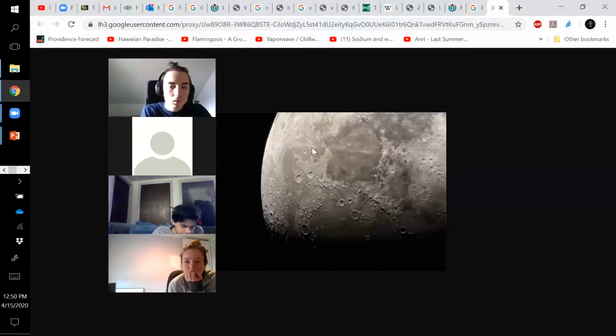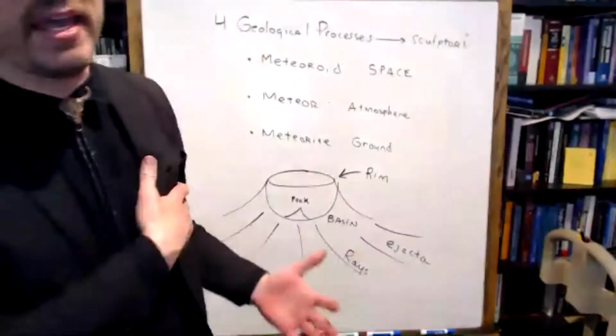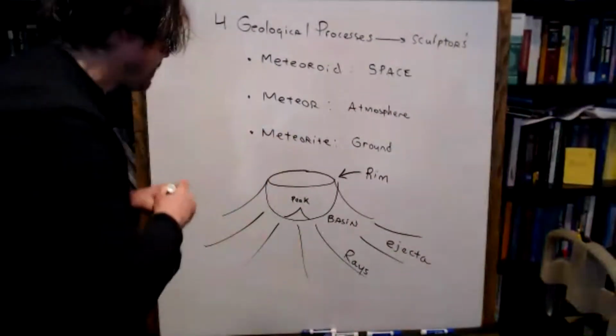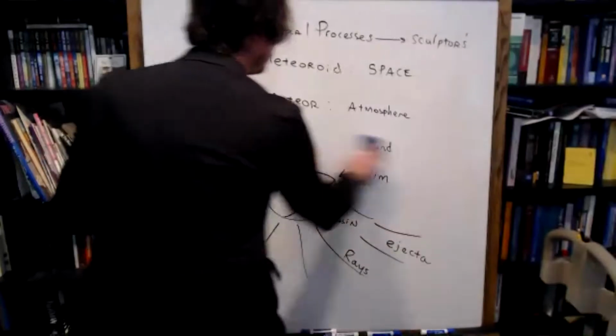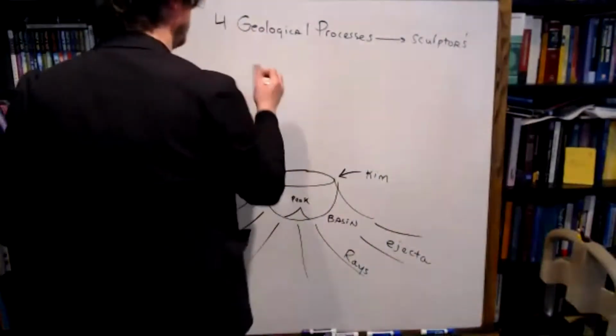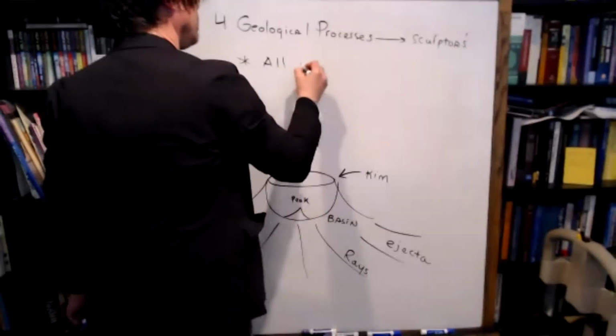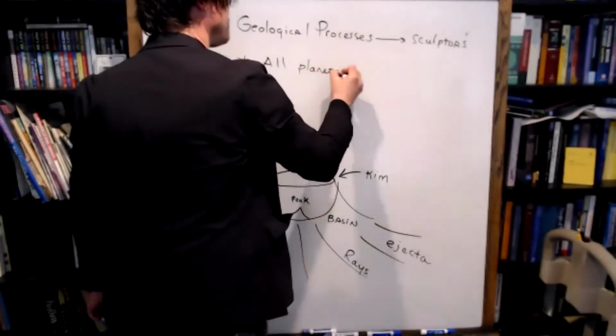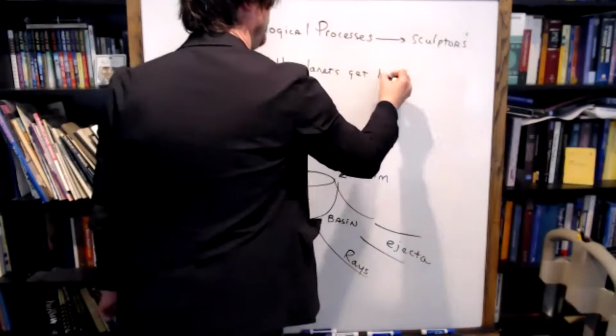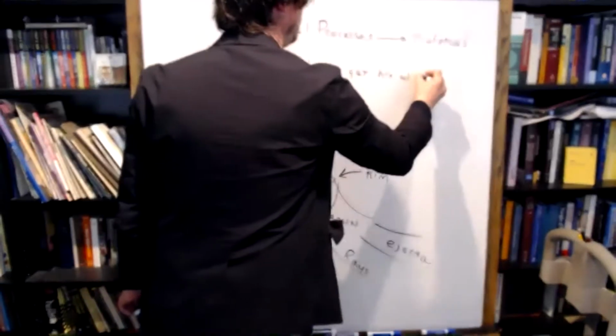The basic moral of the story, the whole point that I was trying to make, can be summed up in two little points, and then we'll move on to your homework. So the first point is that all planets get hit with meteoroids.